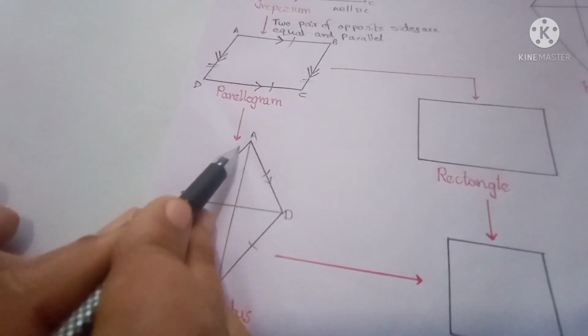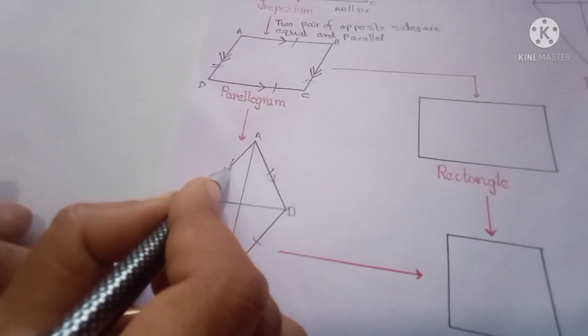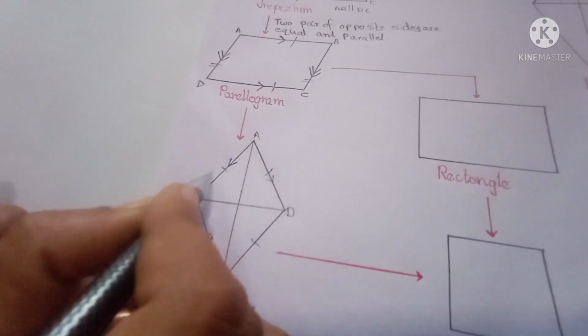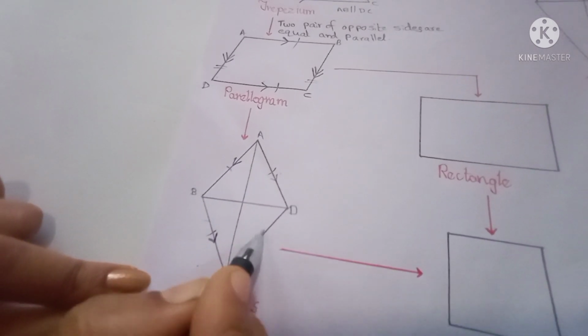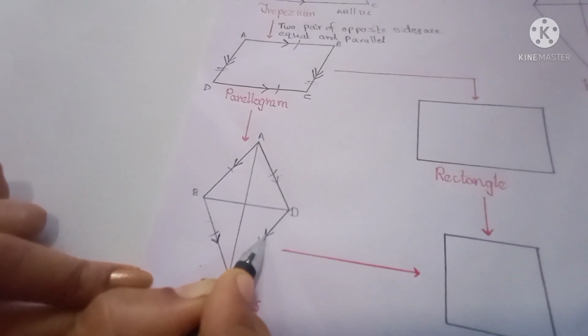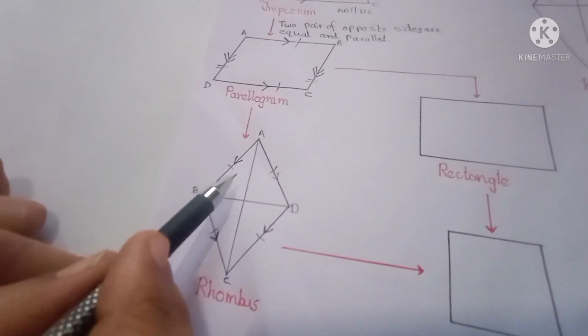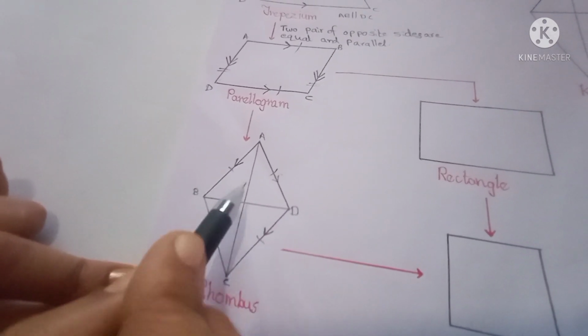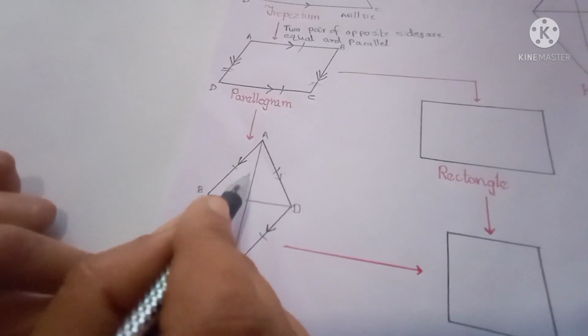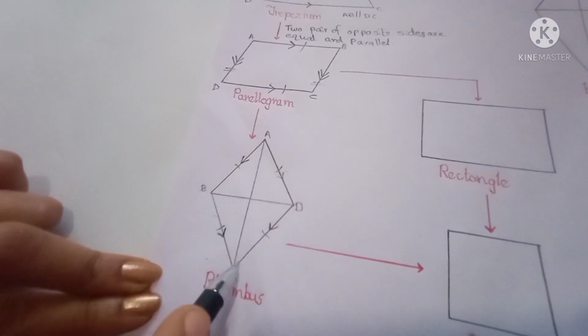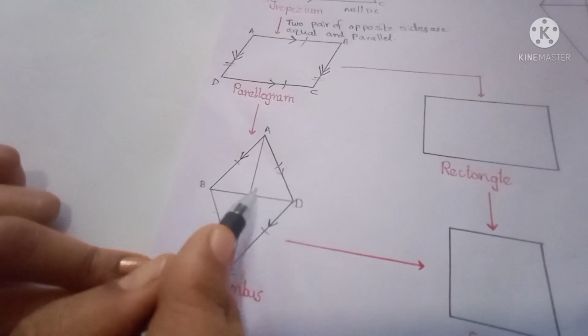Then AB parallel to DC, like this. Use arrows. Then opposite angles are equal.